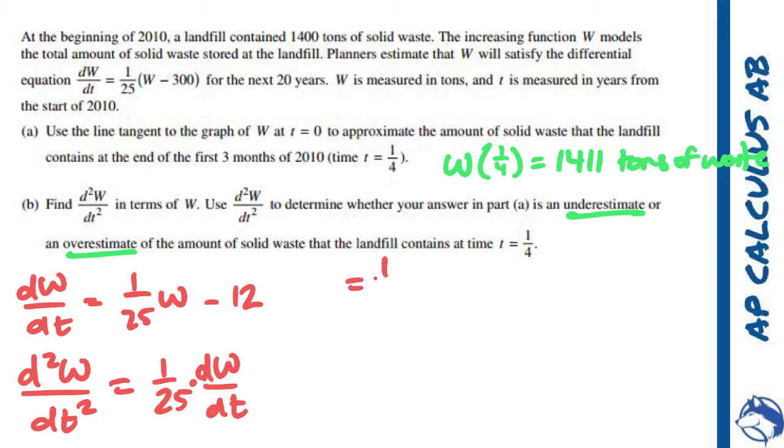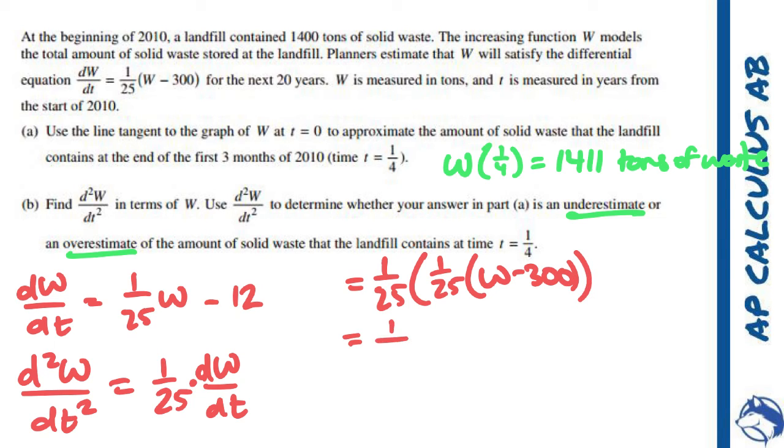So that's equal to 1/25, and dW/dt was equal to 1/25 times my W minus 300. So that's equal to 1/625 times W minus 300. And so that was my second derivative here.